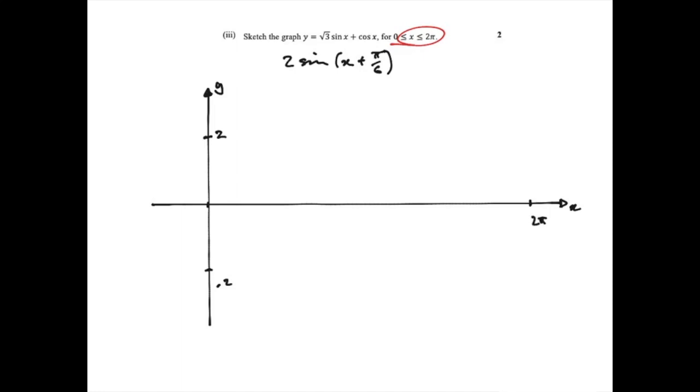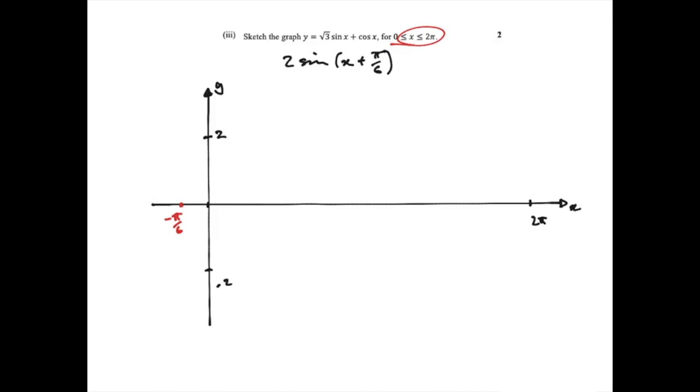Alright, so the way I like to do it is think about that phase shift as going to start at negative pi on 6. So our period is of course 2 pi. So what I want to do is I want to add quarters to that. So 2 pi divided by 4 is pi on 2.